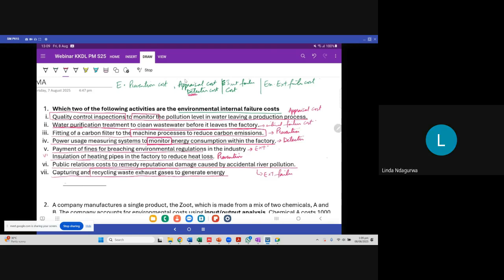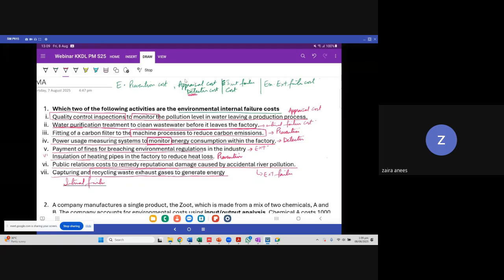So prevention? No, this will go to internal failure, because we are trying to recycle waste. Recycling waste means that the wastage has occurred, and now you are recycling it in order to control the damage.